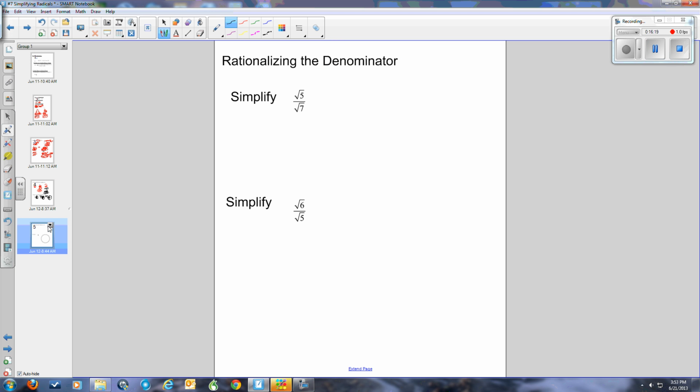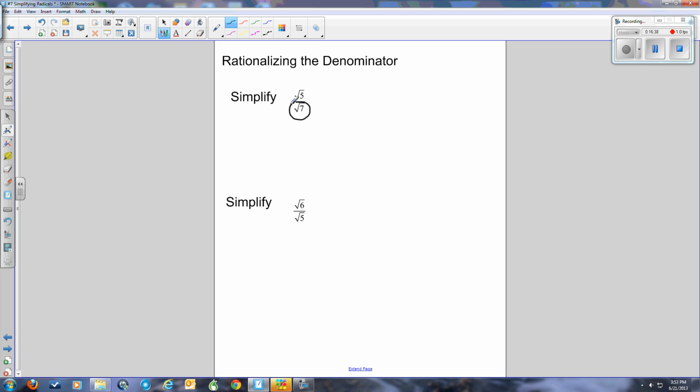Let's move to the last page. Rationalizing the denominator. Now this is something very useful. You should never leave a square root or any kind of radical in the denominator. We're going to deal with just square roots today. And the way you rationalize it is take whatever that square root is, in this case the square root of 7, and multiply both the numerator and the denominator by that.